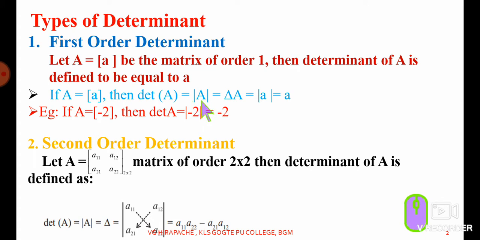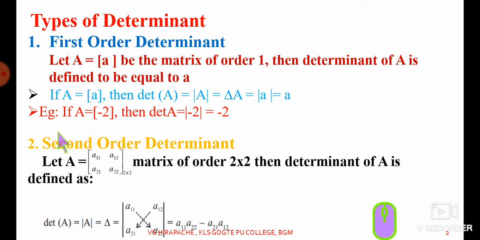We read it not as modulus of A, but as determinant of A. We can also denote it by delta A. The matrix A can be represented in determinant form, and the first order determinant is evaluated as the same number.